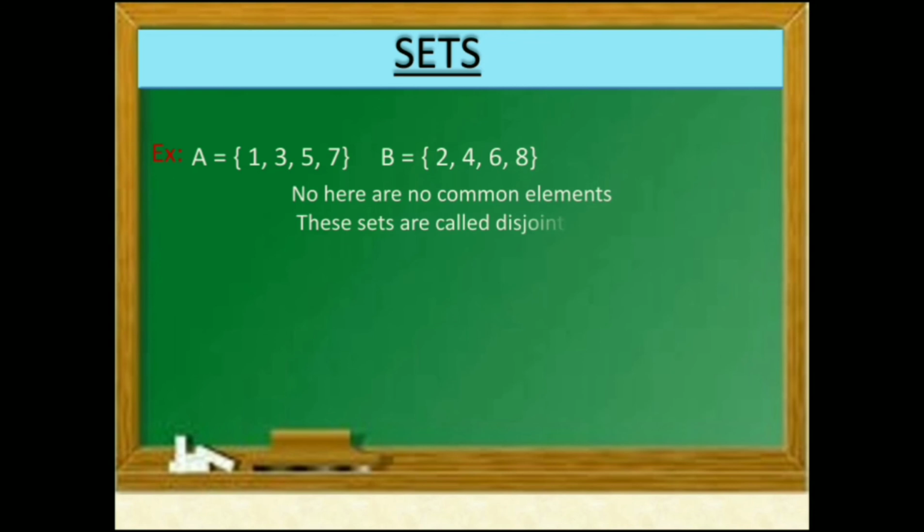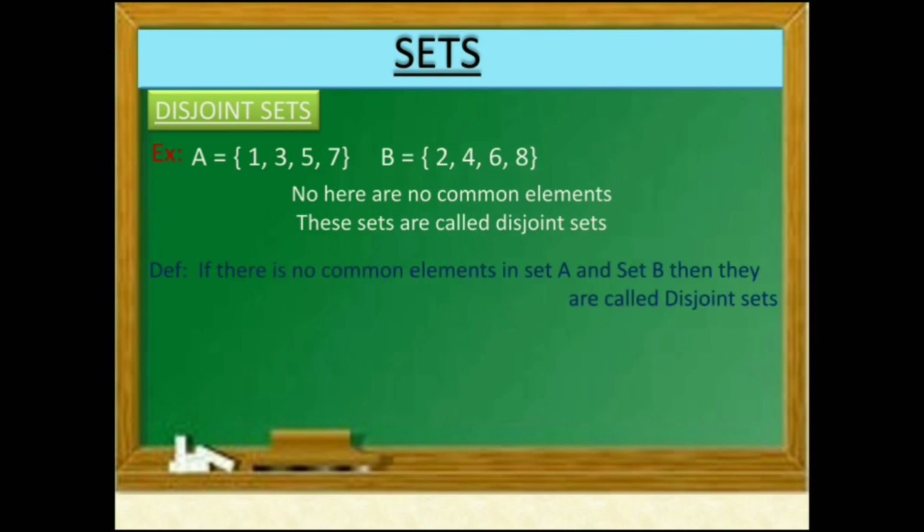Disjoint sets. So we can define it like this: if there are no common elements in set A and set B, then they are called disjoint sets. So children, in this case, can we find the intersection? Can we find A intersection B? Observe here.